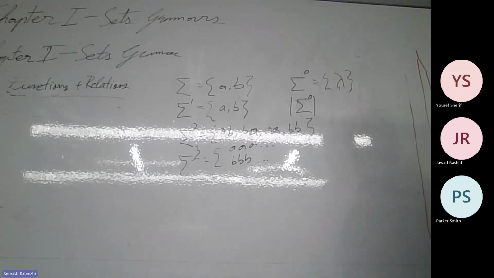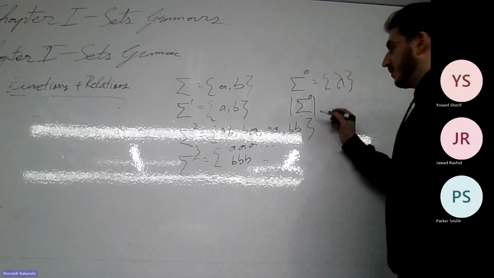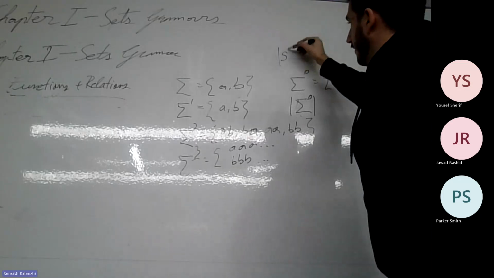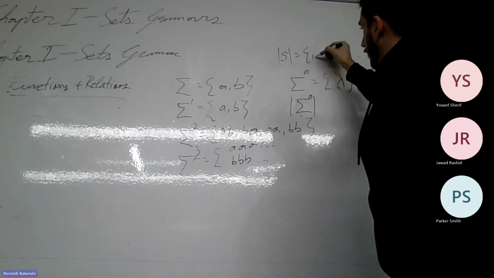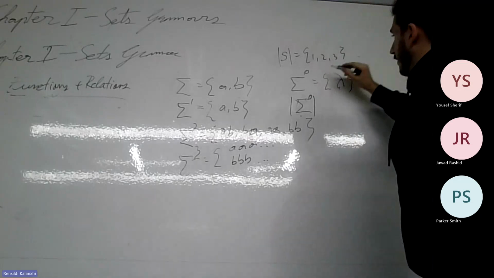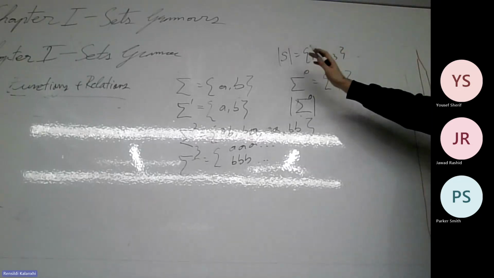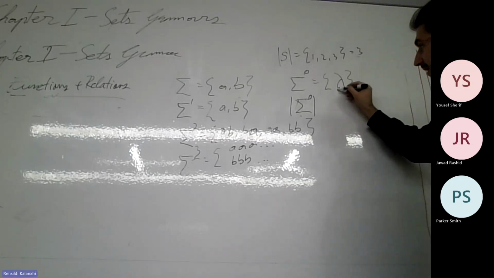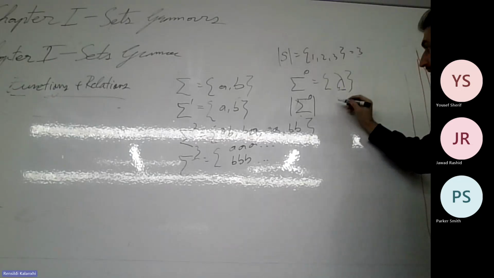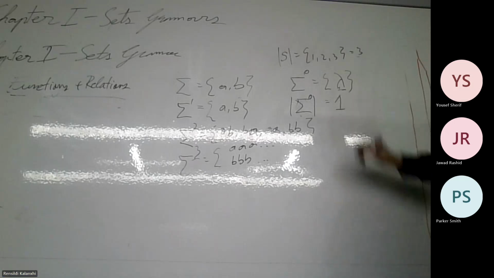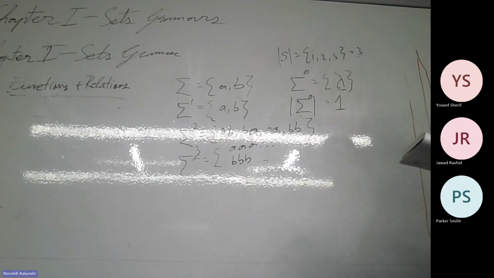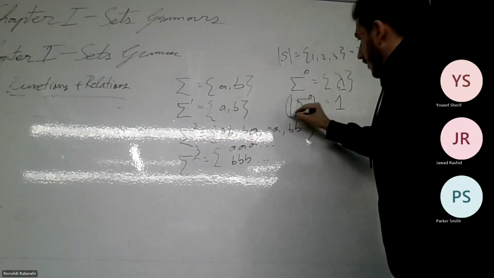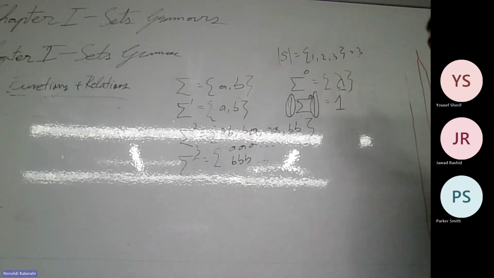Just remember, like I said before with a string, 1, 2, 3, it says the length of the string. The length of the string will just be 3. And for lambda it'll be 0. Okay, I got you. Because it's just the length.